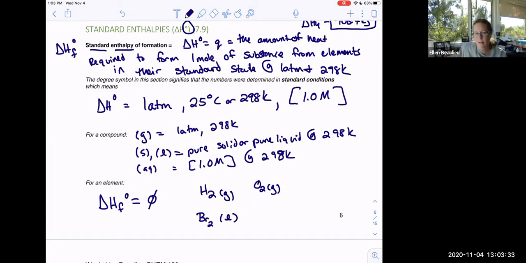And there are lots of solids, like sodium metal, or iodine, which is unusual. The halogens are where it gets really interesting. F2 and Cl2 are gases, bromine is a liquid and iodine is a solid. So these are the substances in their standard states at standard conditions.